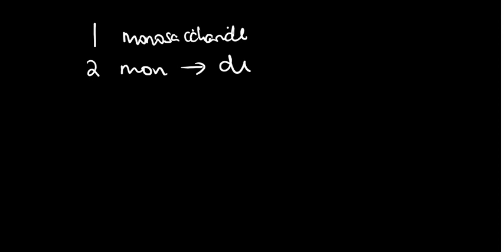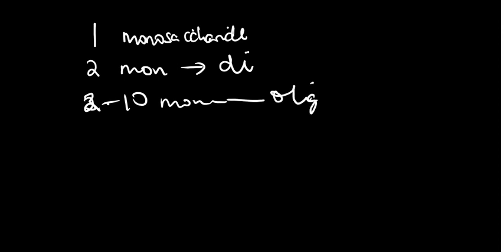Okay, so the next thing that we're going to talk about is that you can have one monosaccharide, you can have two monosaccharides, so it's going to be called a disaccharide. When you have 3, or rather 2, all the way up to 10 monosaccharides, it's going to be called oligosaccharides.